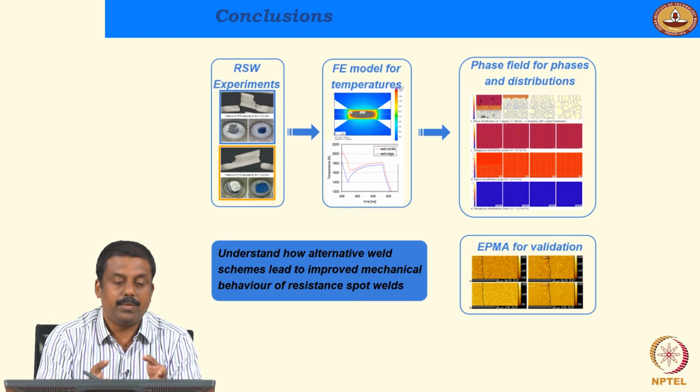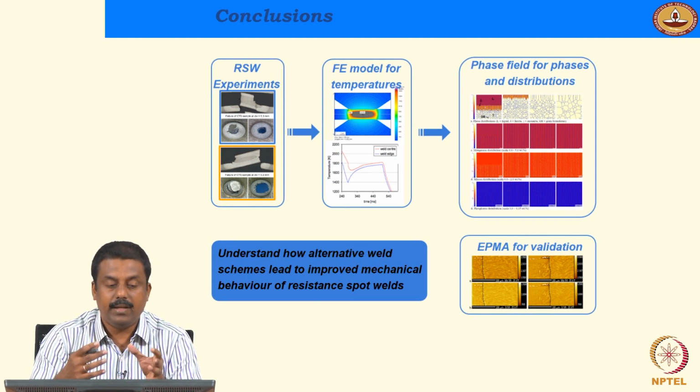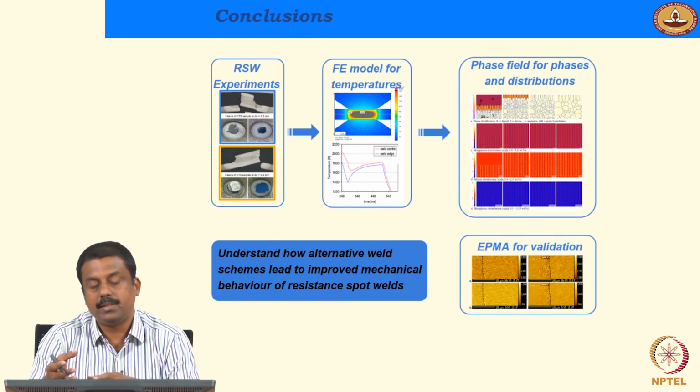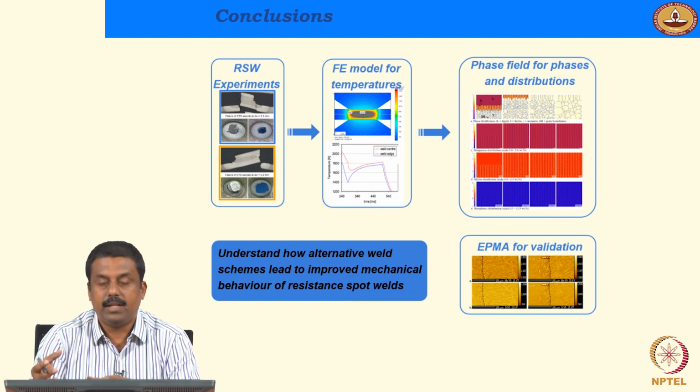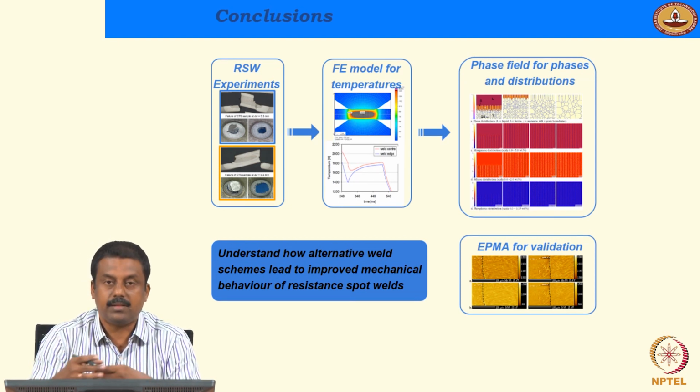So in this case, for example, we changed the weld thermal cycle, using a double pulsing instead of single pulsing, and double pulsing leads to homogenization of the alloying elements, especially phosphorus, thereby reducing the embrittlement at the weld center line and the grain boundaries.